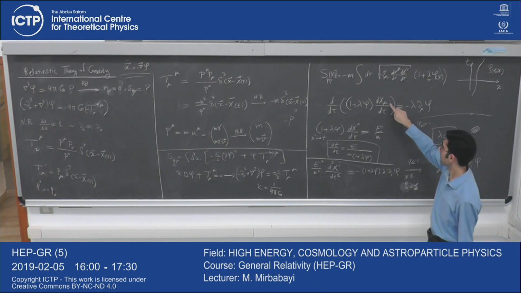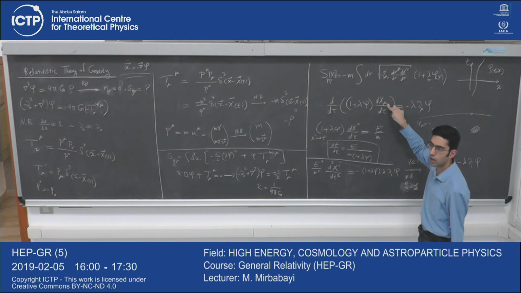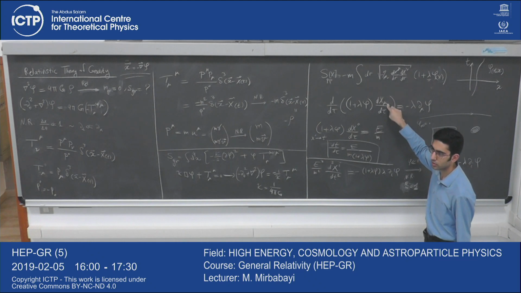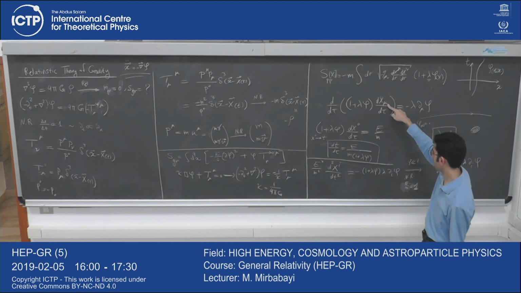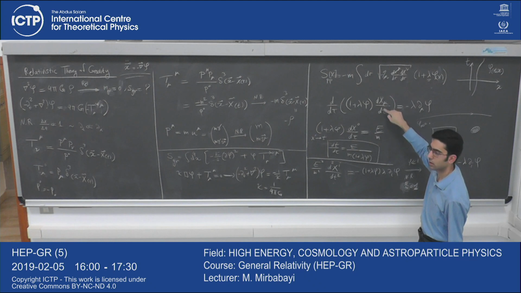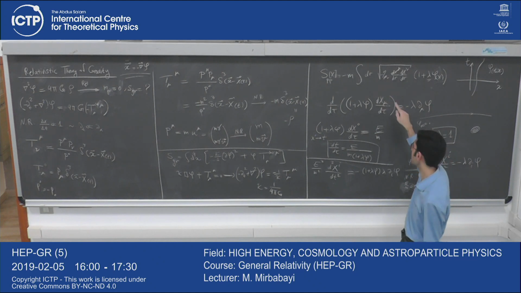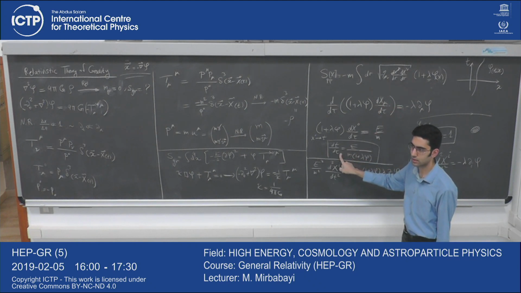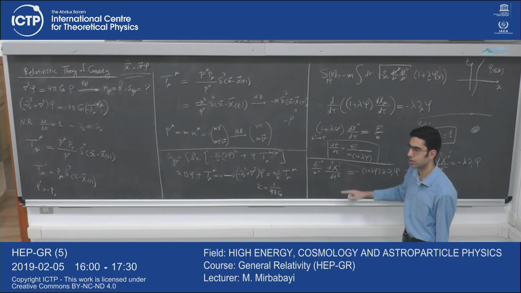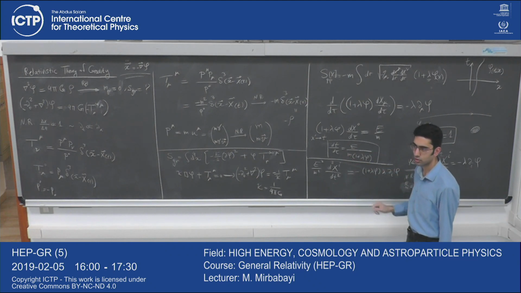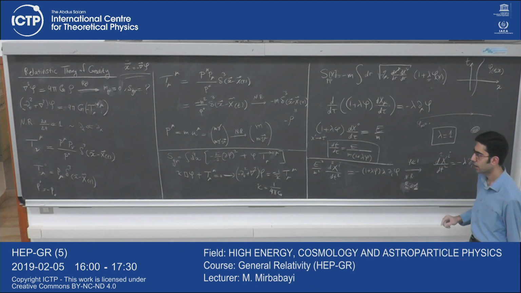So I look at the i component of this equation. For the i component, I can raise and lower indices freely because I'm working with mostly plus signature, so upper and lower i is the same. And then there is d by d tau, for which I use the chain rule to relate it to d by dt.